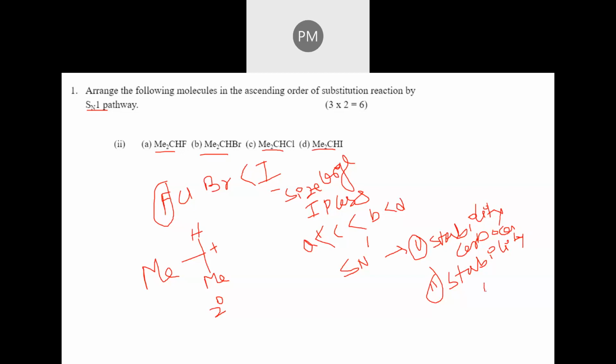Also, because in SN1 the carbocation is formed, SN1 will be favored when a polar protic solvent is present.